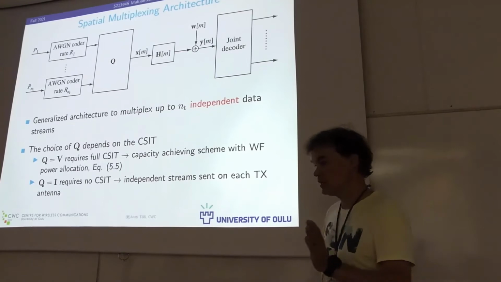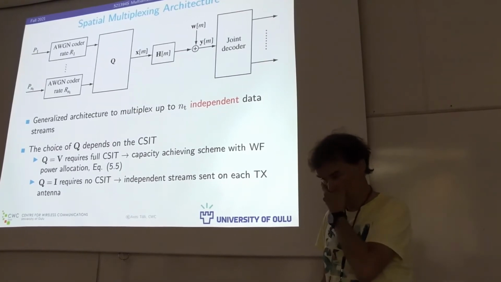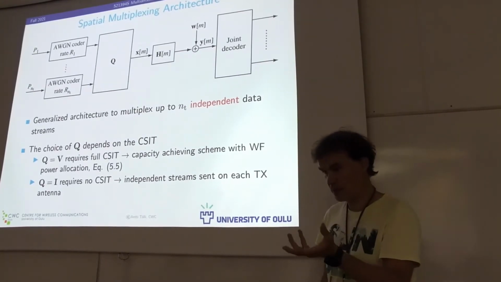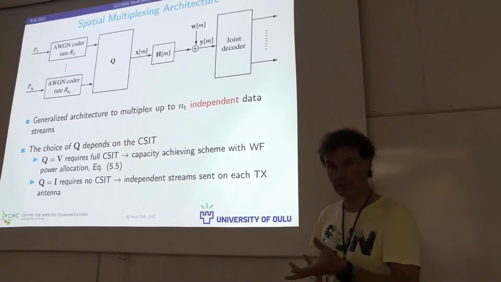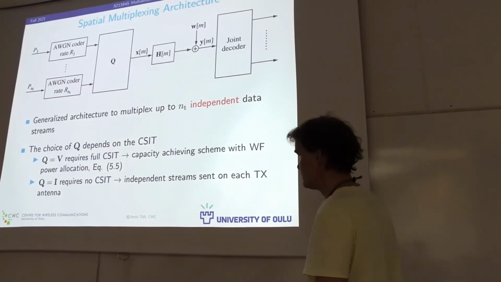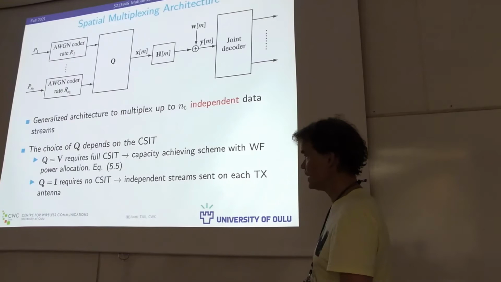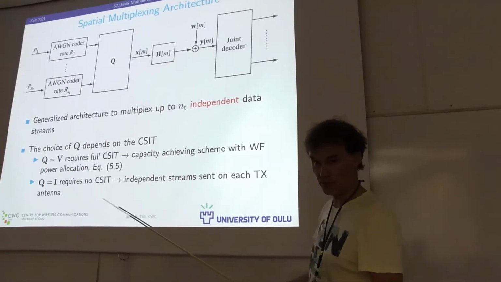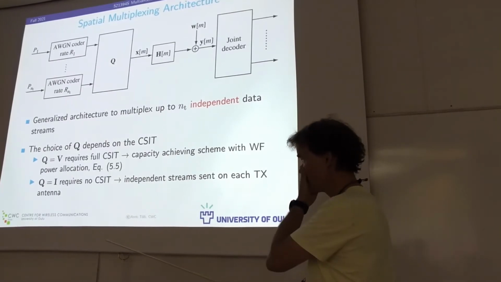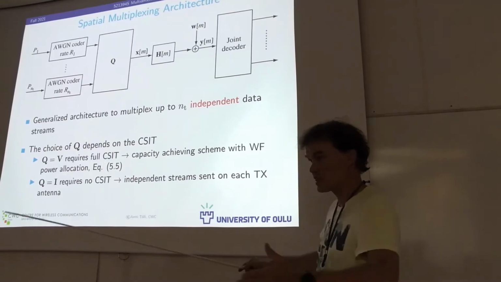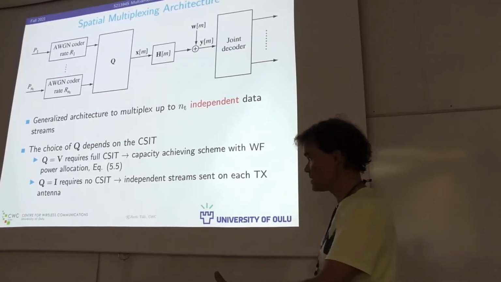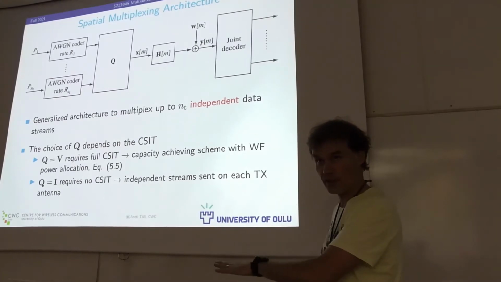In FDD, or when the uplink channel estimates are not reliable due to high mobility, for example, then that CSI might not be useful. In FDD, in a rich scattering environment, the channel estimation from uplink is not really useful for downlink.